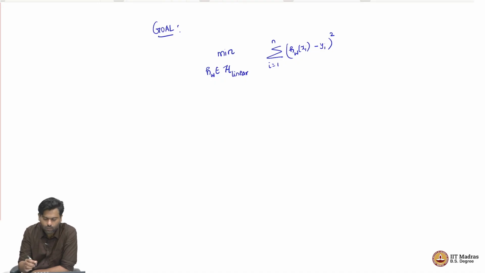But we know what h_w looks like. So, or equivalently, the problem we really want to solve is, because h_w is parameterized by w, we can search for w in R^d, the sum over i equals 1 to n of w transpose x_i minus y_i, squared.